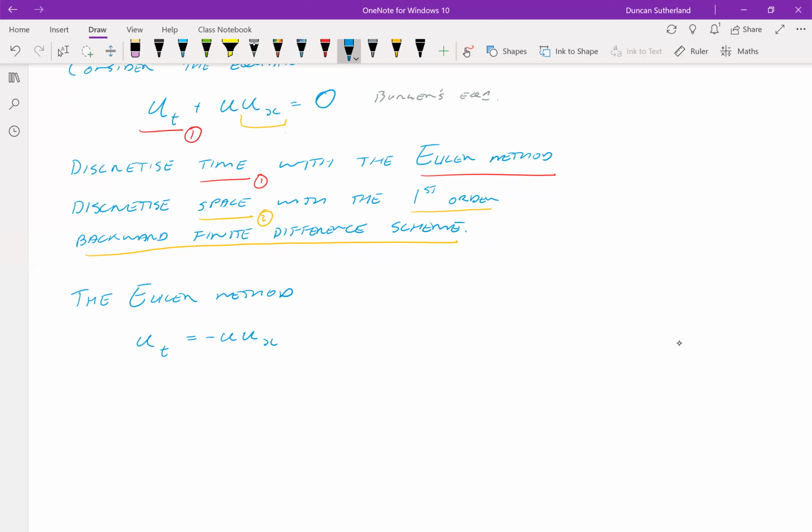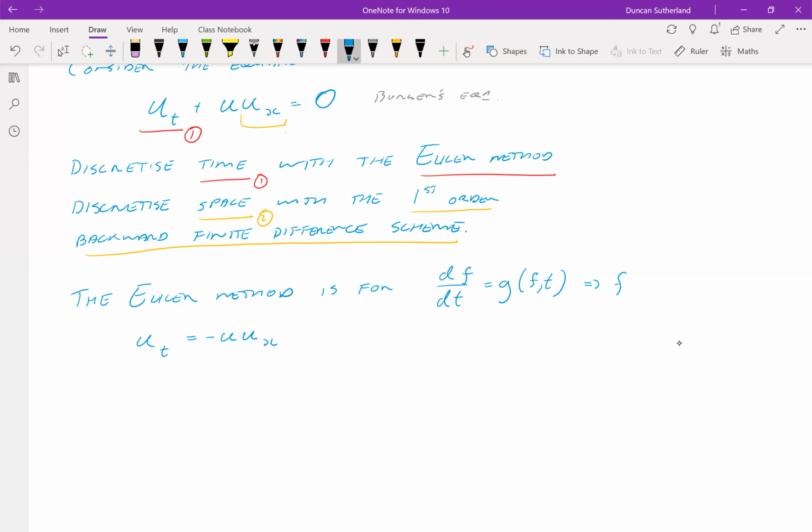It's just a rearrangement of the PDE. It's no big deal at the moment. What we know is the Euler method is for things like this. I'll just use different notation. Okay, so we know that the Euler method does stuff like this.